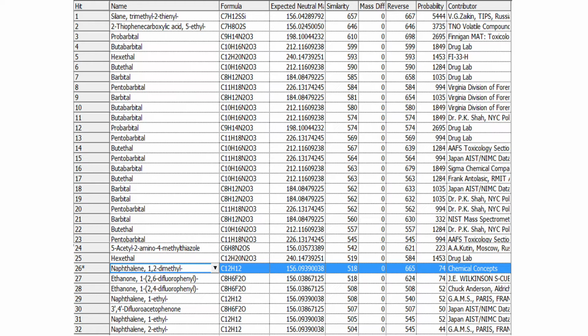So we have to go down along the hit list, and only hit number 26 has the right exact mass of the molecular ion. So we're dealing with dimethyl naphthalene, probably not 1,2-dimethyl naphthalene, but definitely an isomer of dimethyl naphthalene. So all the previous hits, I mean 25 hits with better scores, are wrong.